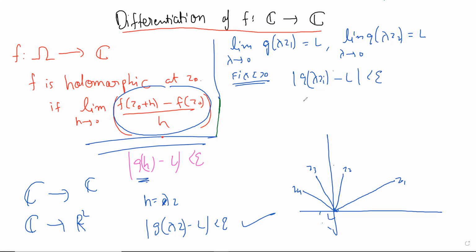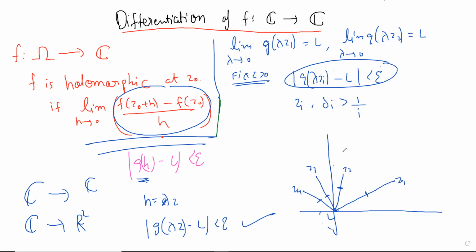But for z_i, the delta_i might be at least 1 by i. Like for z1, delta 1 would work. For z2, delta a half would work, and not less than that. And for z3, a smaller delta might be needed, and for z4, an even smaller delta might be needed, for this to be satisfied.